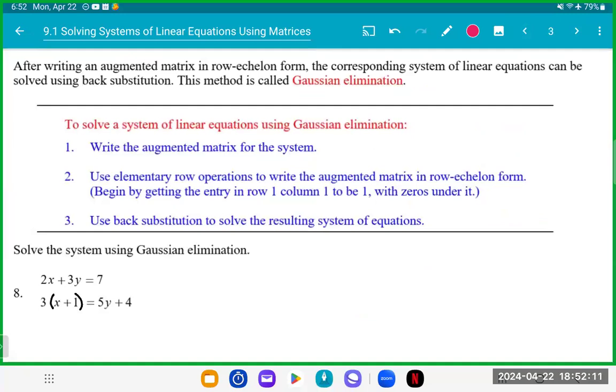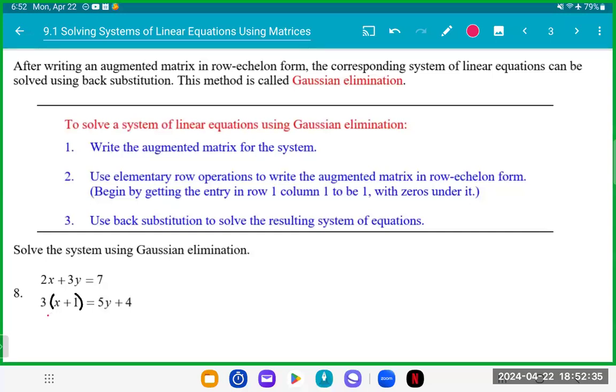All right. So what we have down here on the bottom is an example. So we want to first take and write this problem in the correct format for our equation.